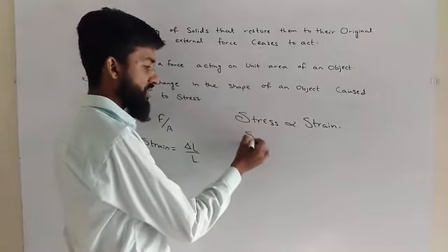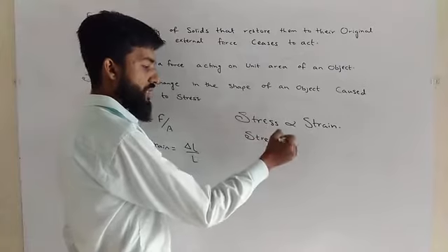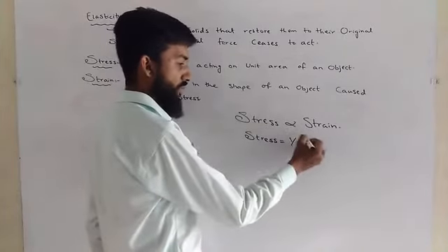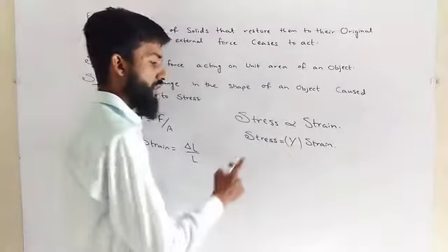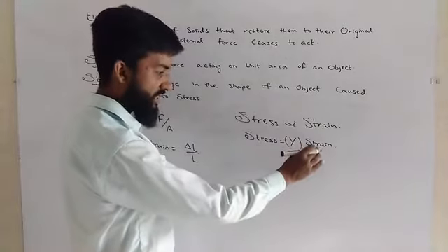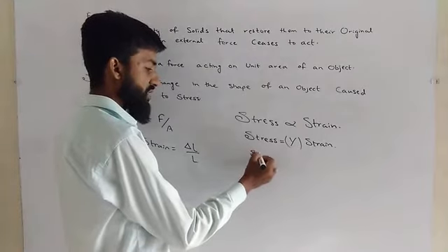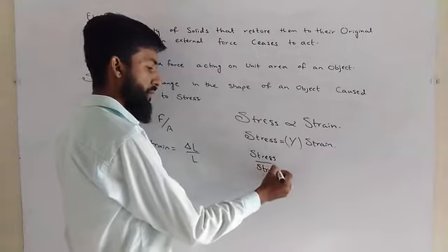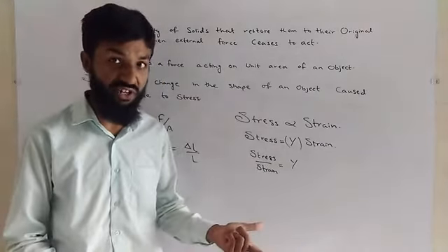The constant used in this equation is Y, and Y is known as Young's modulus. So stress is equal to Y into strain, and when we shift strain to the left-hand side, stress upon strain is equal to Y. It means that Young's modulus is the ratio between stress and strain.